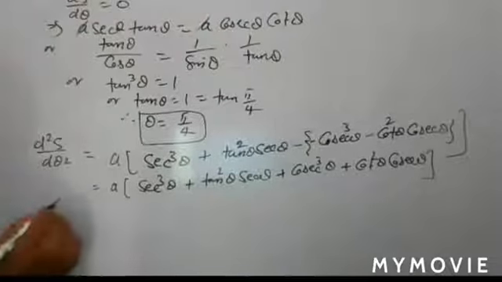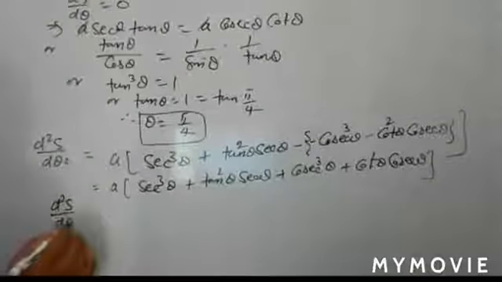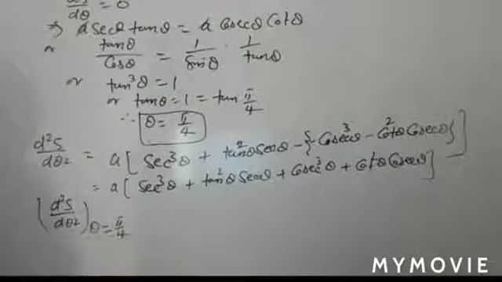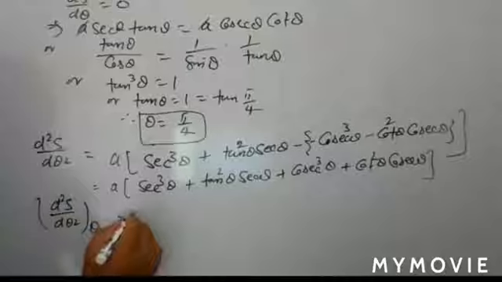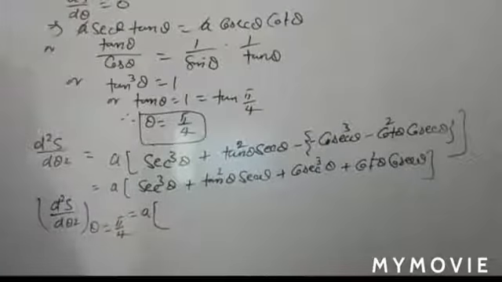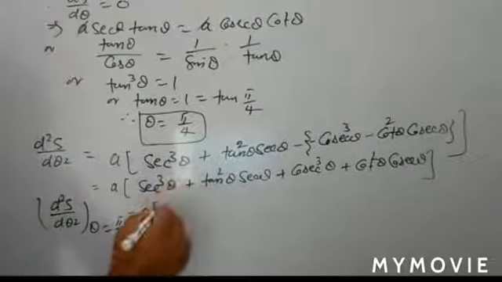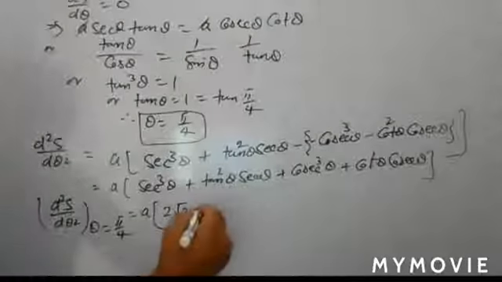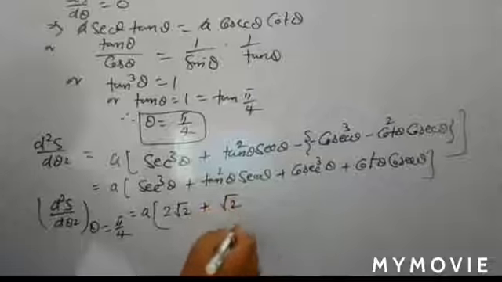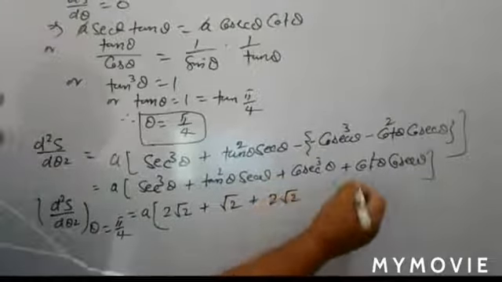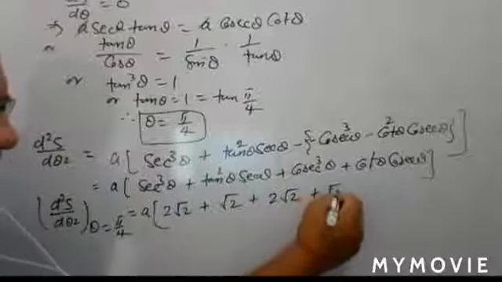Now here you find the value of the second derivative at the point theta is equal to pi by 4. Putting the value at pi by 4, here you have a, and sec pi by 4 is equal to root 2, and taking the cube of that, you have 2 root 2, and here you have 1, and this is root 2, and cosec is also 2 root 2, and cot is 1, and this side here you have root 2.